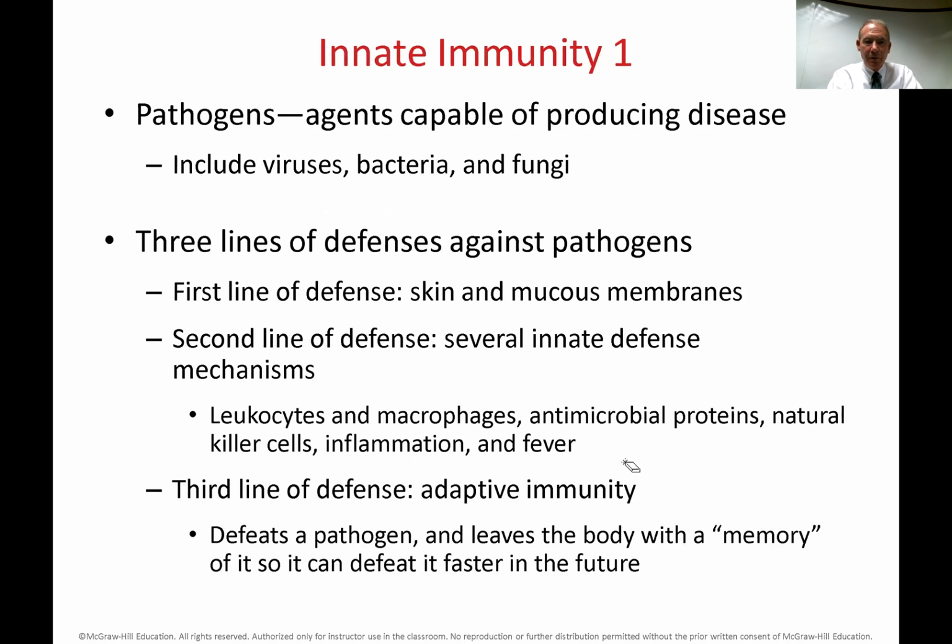Adaptive immunity. So when a pathogenic microorganism, a bacteria or a virus, enters the body, your immune system kind of takes a snapshot of it and gets ready with its defenses should it ever see that pathogen again.